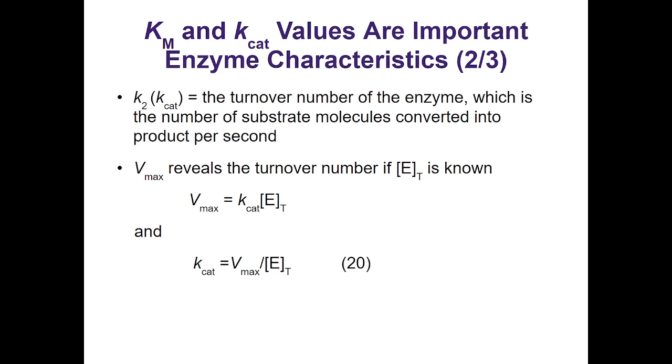This does assume that the catalyst greatly enhances the reactivity, which it should, but if it isn't a large enough enhancement, you could get some error in here, okay? If we rearrange that, we can see that Kcat equals Vmax over the enzyme total. These are values we can experimentally determine by setting up a reaction with our catalyst or enzyme properly, and then we can figure out what the Kcat for that enzyme would be.